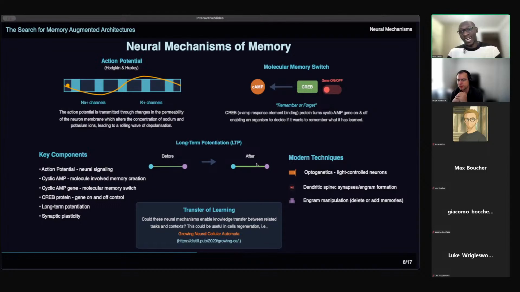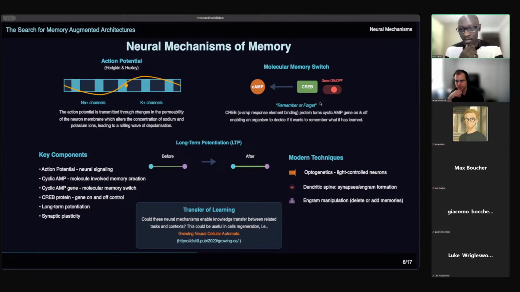It's very important for learning, especially Hebbian learning, and other kinds of learning too. But the piece that I'm really curious about is this molecular switch, the idea that you can switch memory off.